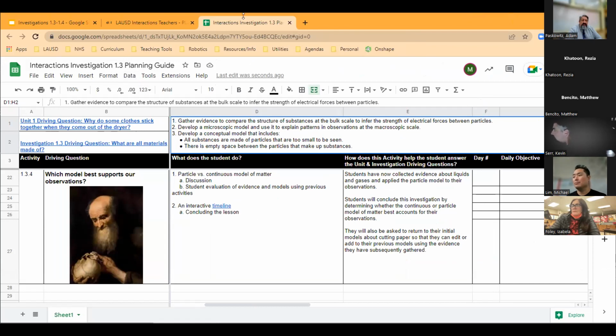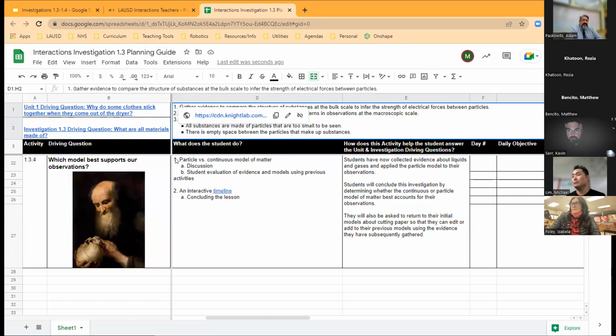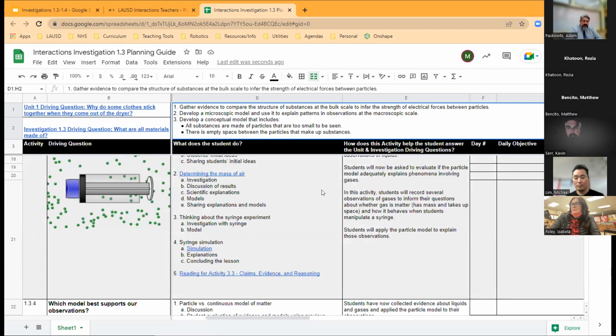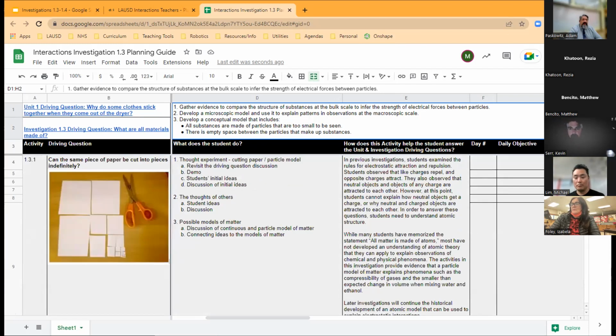They're going to do some readings, and again, the driving question is, what are all materials made of? And the big idea, right here at the beginning, is the particle versus continuous model of matter, to get students to understand what the particle model of matter is and why it is the accepted model of matter.